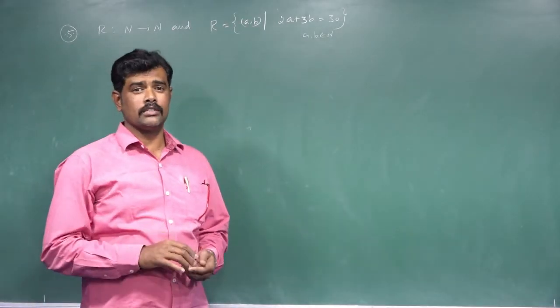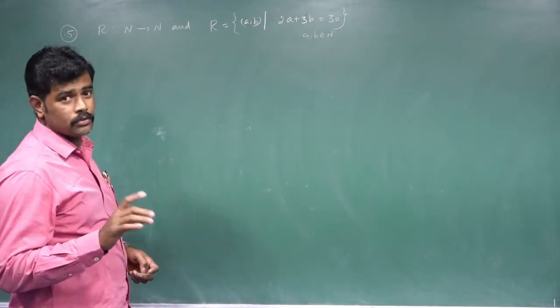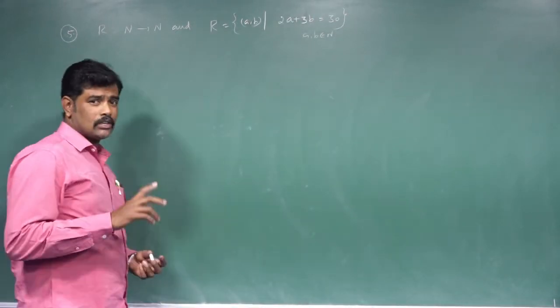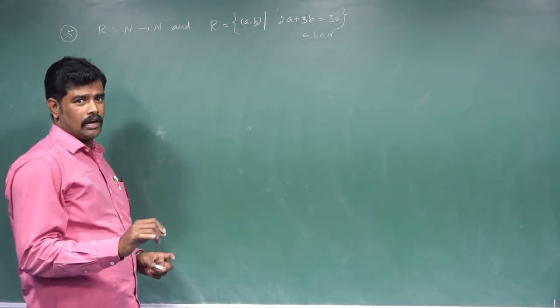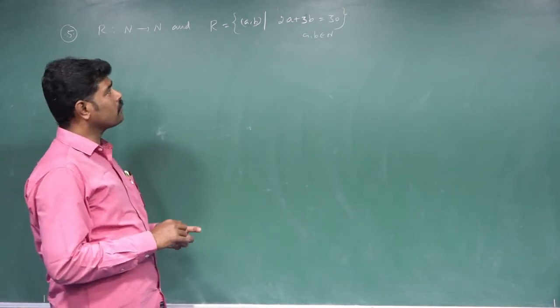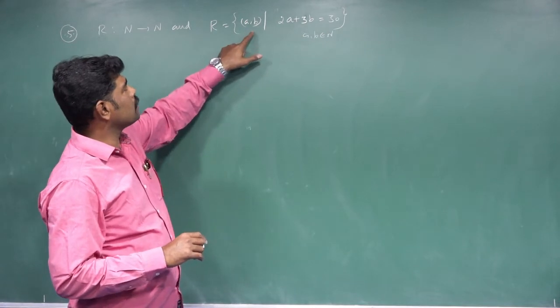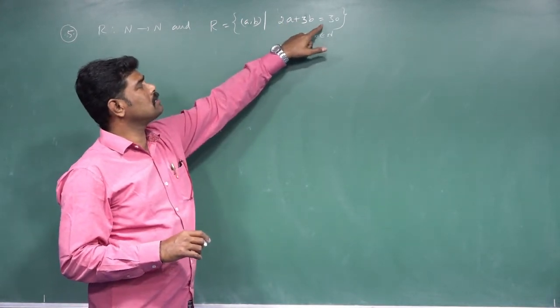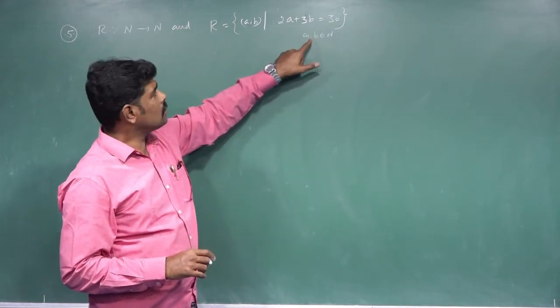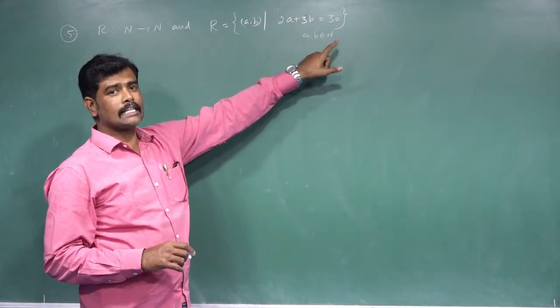Now the next question is question number 5. Here the relation R is defined on the natural number set. And the relation is defined as the set of all pairs (a,b) which satisfy the condition 2a + 3b = 30, where a and b belong to the natural numbers.